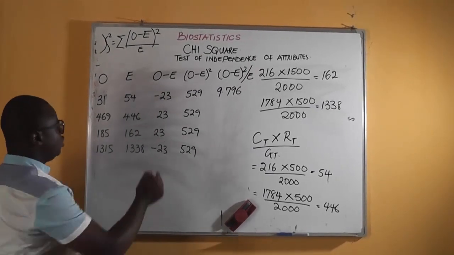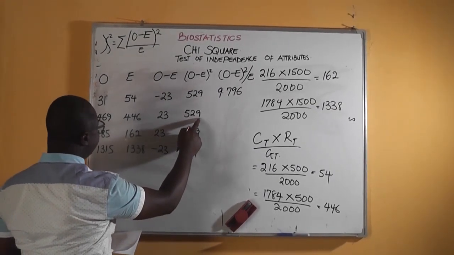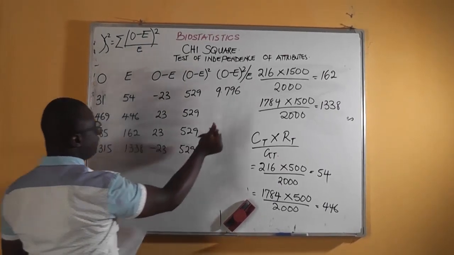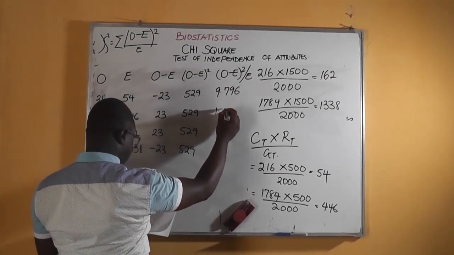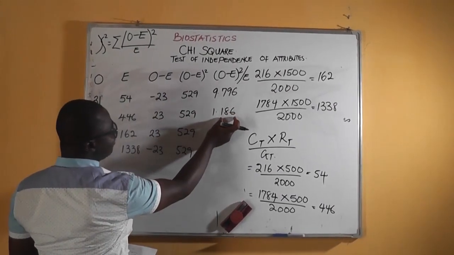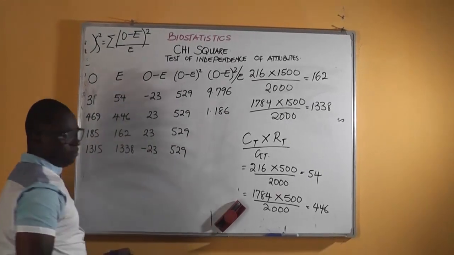Now, 529 divided by 446 will give you 1.186. Please always keep three figures after the decimal.